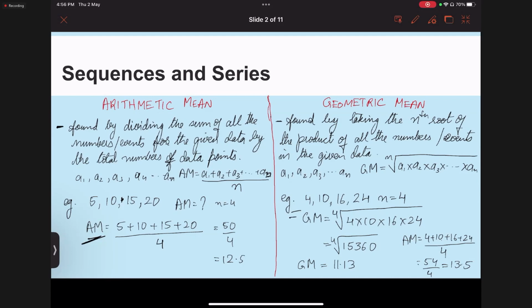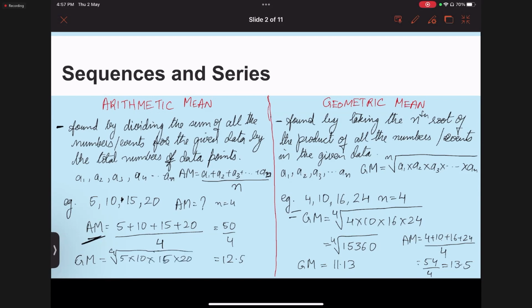Let's see if the same holds over here. GM is equal to the fourth root of 5 multiplied by 10 multiplied by 15 multiplied by 20.